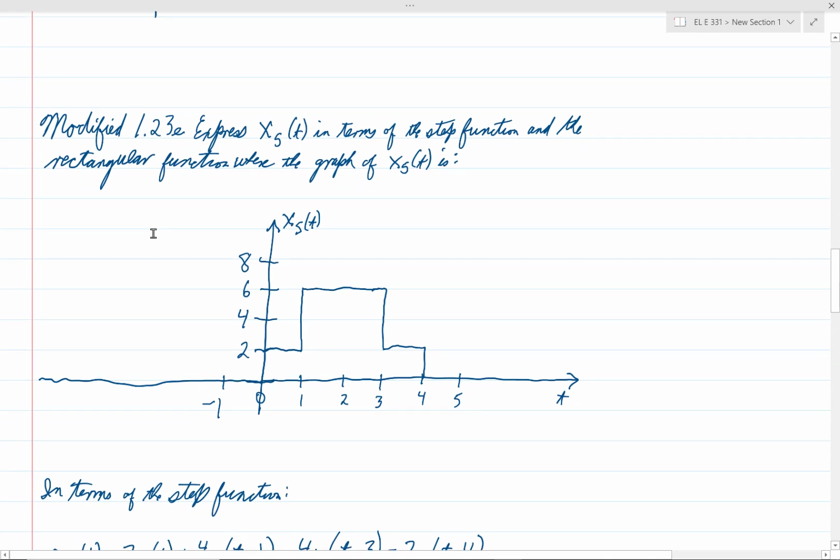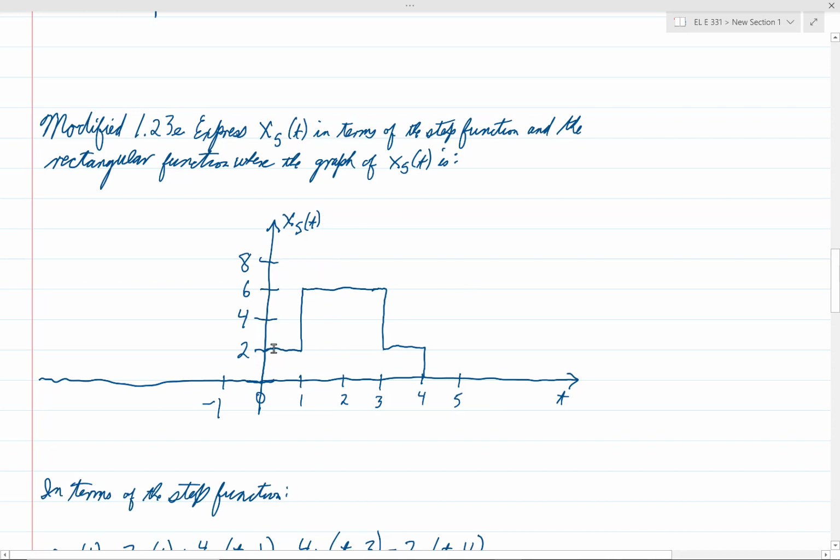This one is a modified version of problem 123E in your book. It says express x5 of t in terms of the step function and the rectangular function where the graph of x5 of t is like this. Okay, so here we have x5 of t.